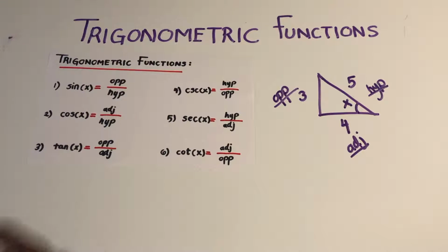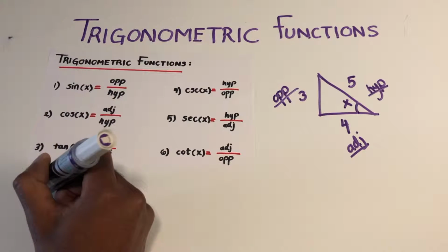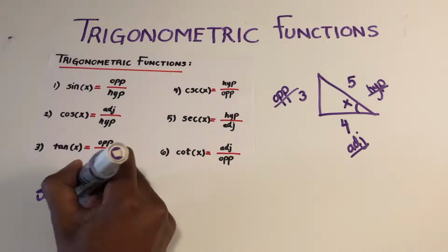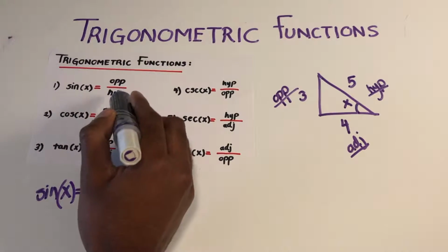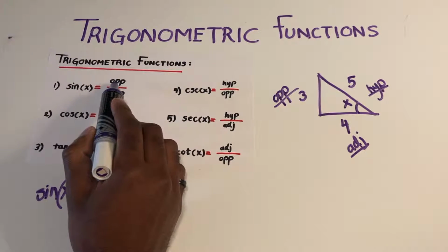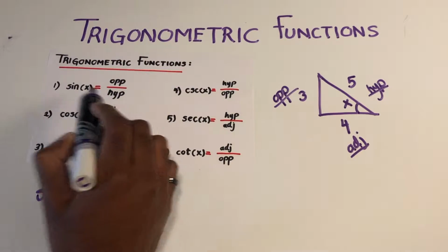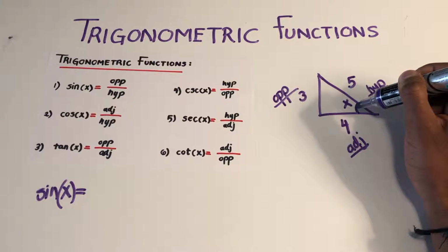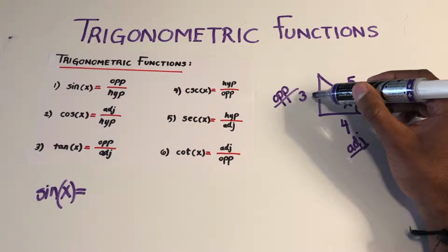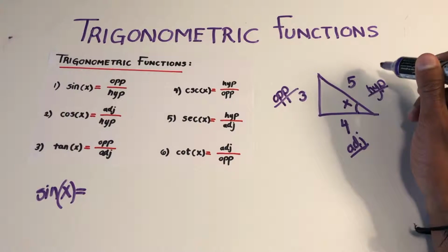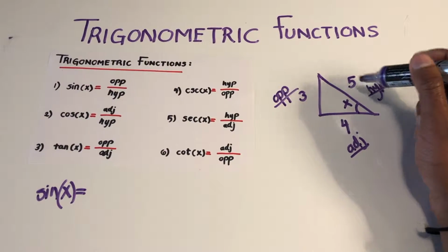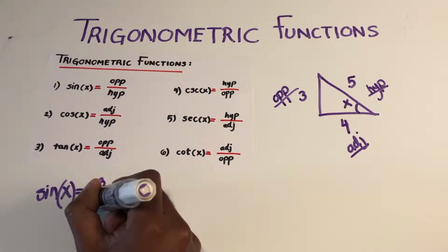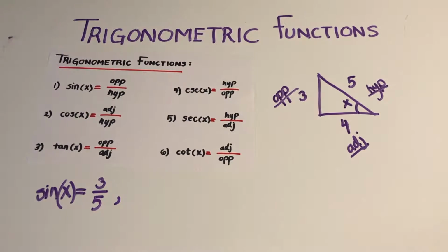So, for sine x, since it's concerned only with the opposite and the hypotenuse, you're going to look at the angle in which you're studying. You're going to choose 3 as the opposite over 5, the hypotenuse. So 3 over 5. And that's it.